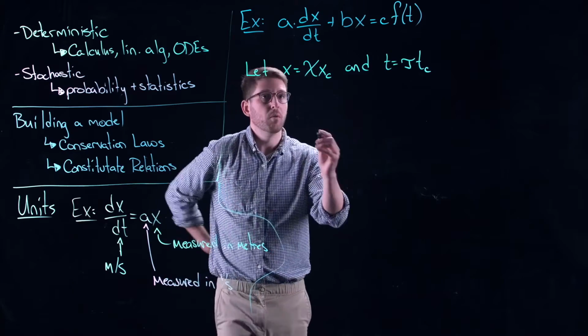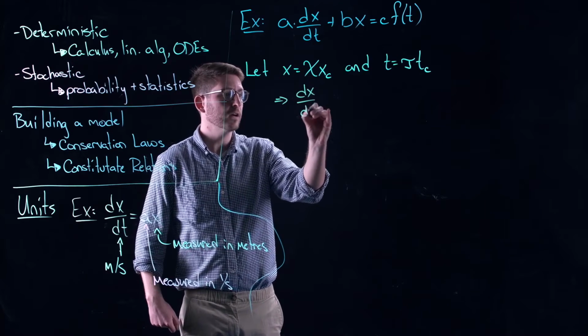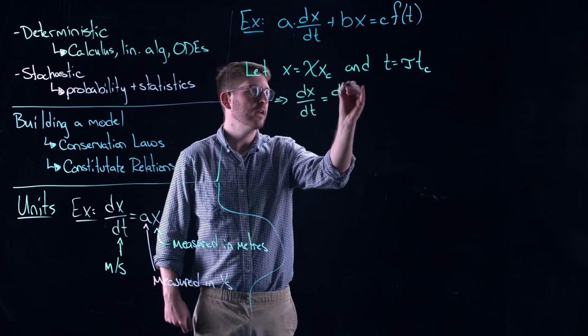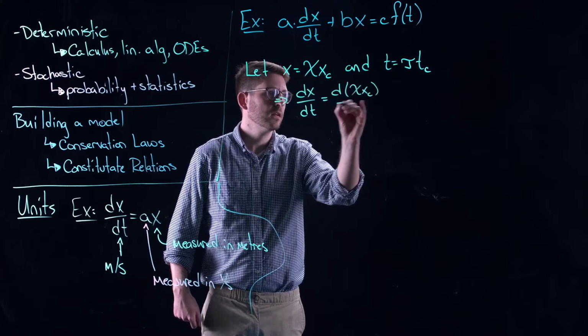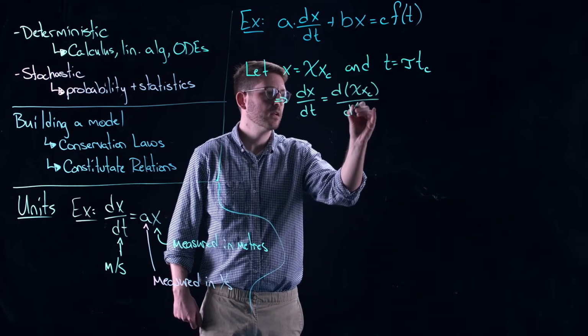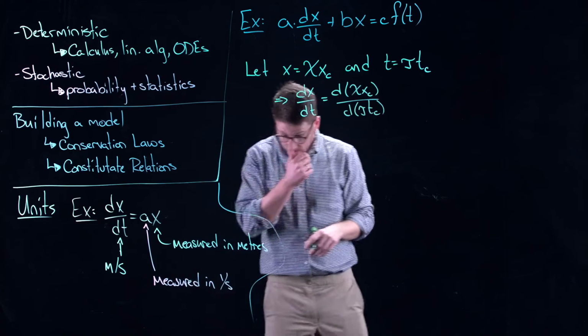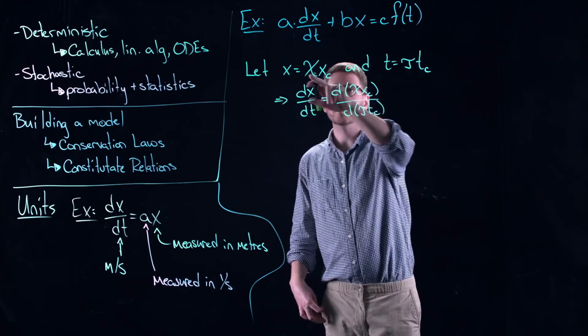Okay, well, what does this actually do? My derivative here, if I plug in x and t, I get chi x_c divided by tau t_c.